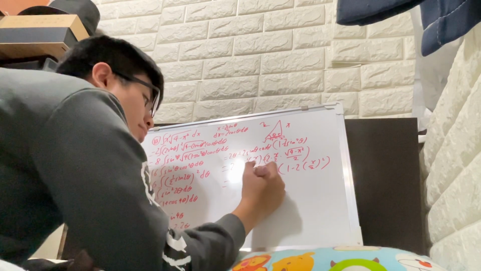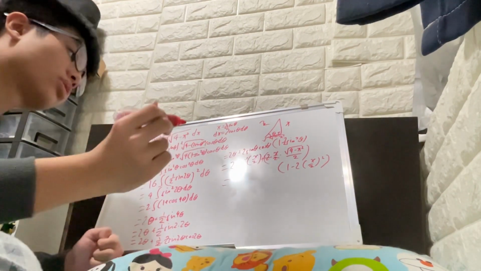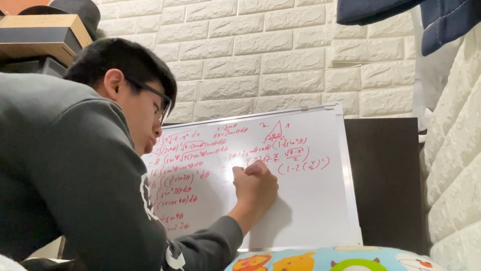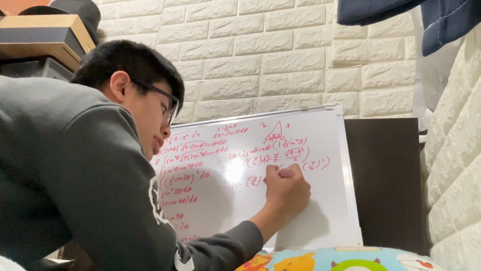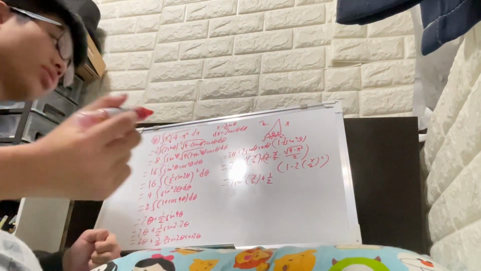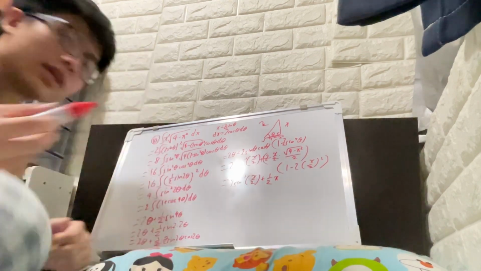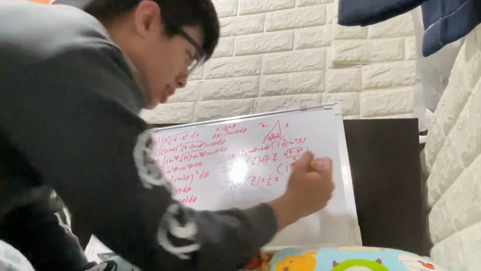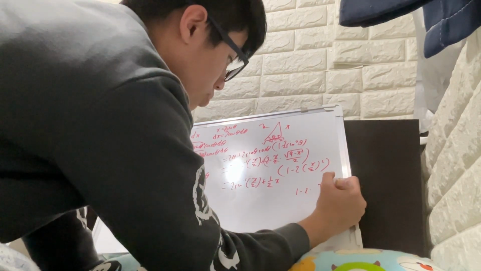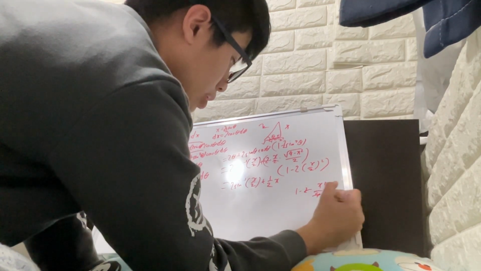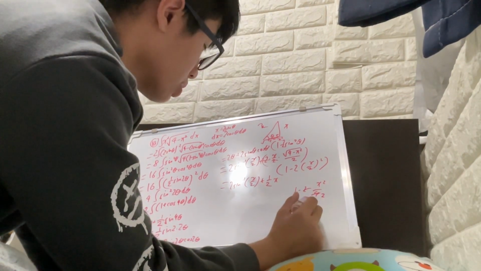So this should be positive, and then 2 and 2 cancel each other out, so it becomes 2 times inverse sine x over 2, and then plus 1/2 x. And here I'm gonna simplify it, and then 1 minus 2 times x squared over 4.